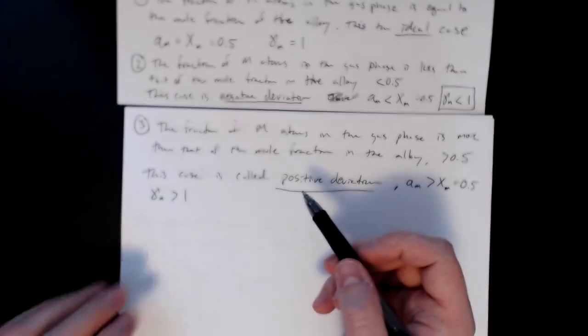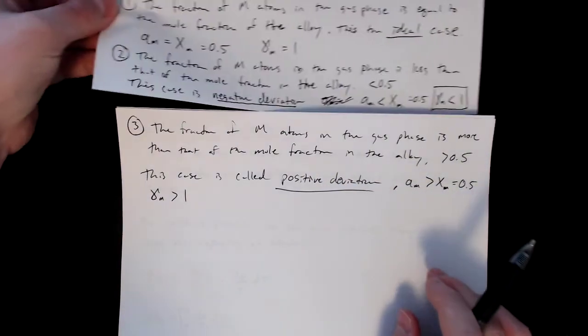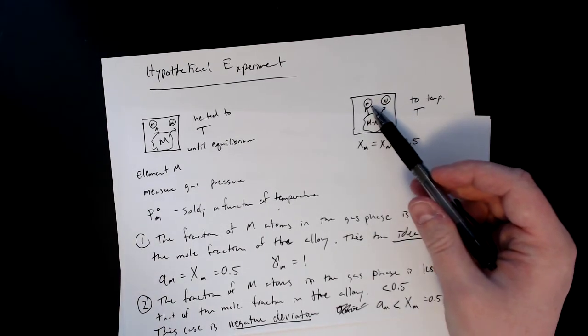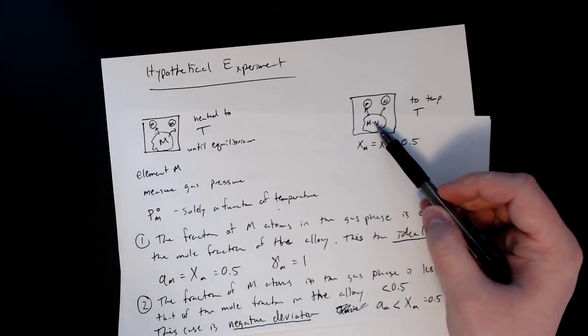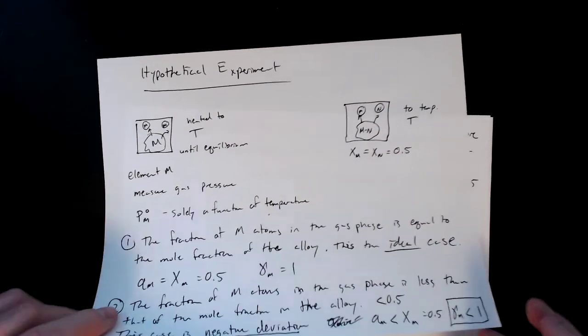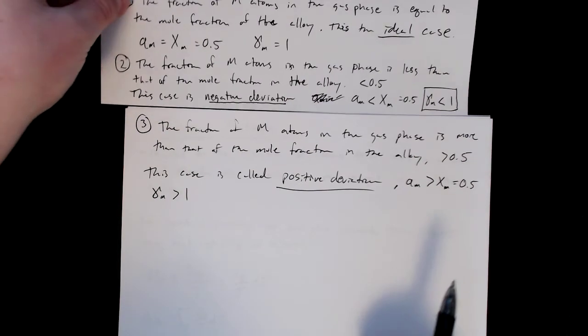And so, again, in physical terms, what that means is if we go back to our example here, right, M actually prefers to be in the gas phase and not in the solid phase when compared to the other component, right? So that's what this implies.